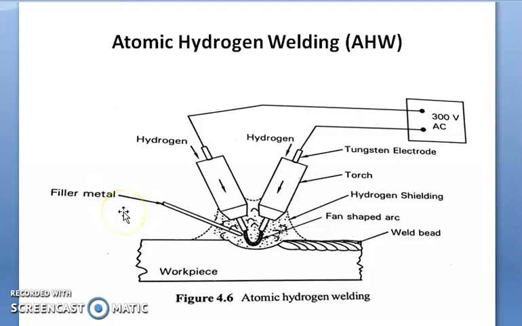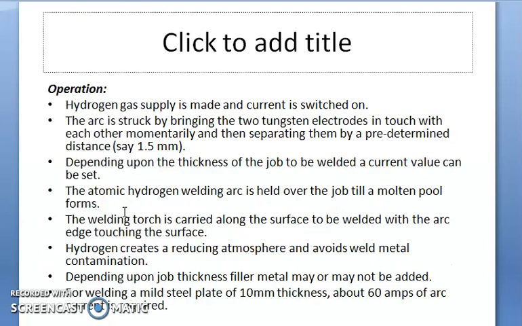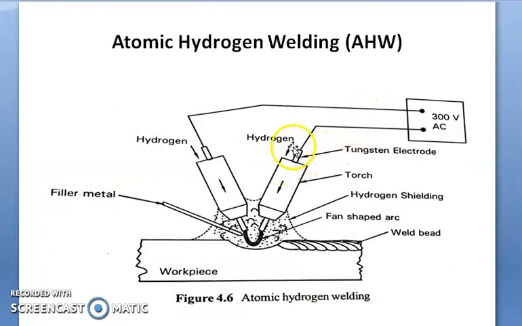This is the operation of this welding process. Hydrogen gas supply is made and the current is switched on. Simultaneously, we use the hydrogen gas to protect the weld from atmospheric gases.